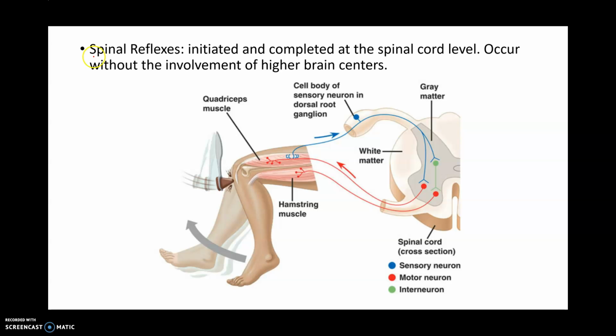One more term I'm going to define here is spinal reflexes. So these are initiated and completed all at the spinal cord level. So us hitting our knee with a hammer, that would be a spinal cord reflex or a spinal reflex. Because we don't need any involvement from our higher brain centers. We can do all that information processing within our spinal cord.